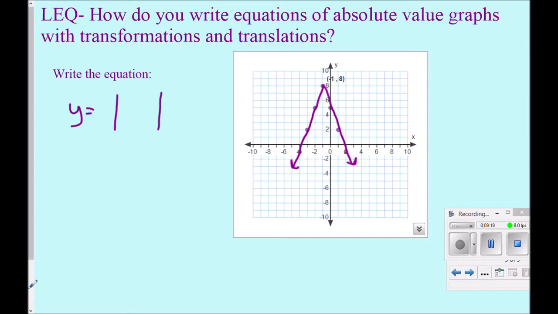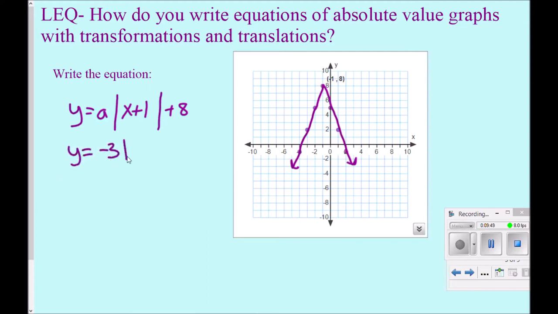But I'm going to see that negative 1 is the vertex, the x part of the vertex, which means left 1, which means x plus 1, and up 8, plus 8 on the end. I'll put the a in the front. Okay. But to fill in the a, I'm going to figure out what the rise and the run are. So going down 3 and over 1 in both directions.